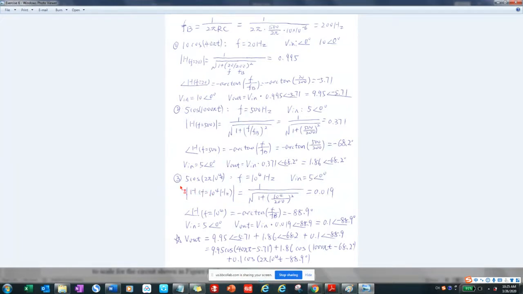Let's look at the third component. The third component is 5 cosine 2 pi 10 to the power 4 t. This frequency is much higher. We know 2 pi 10 to the power of 4 is omega, so frequency is 10 to the power of 4 Hertz.